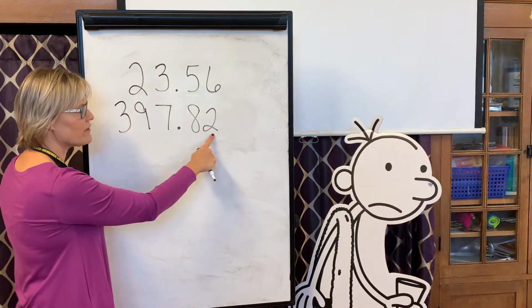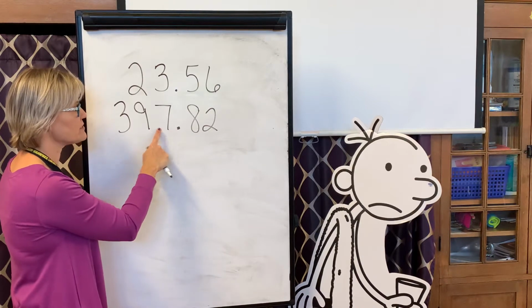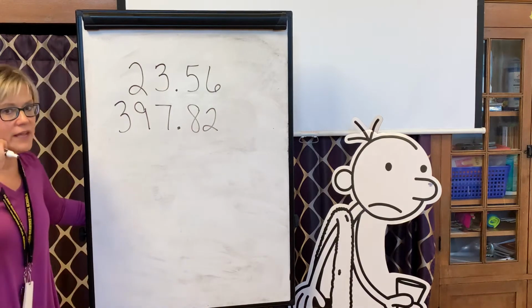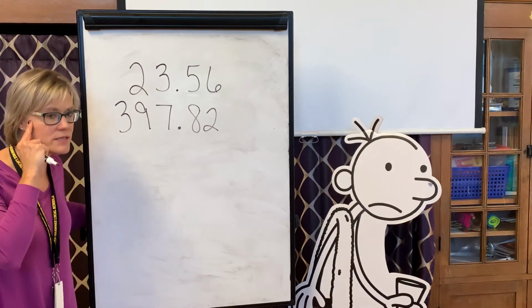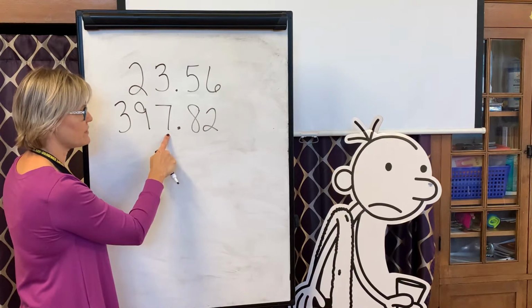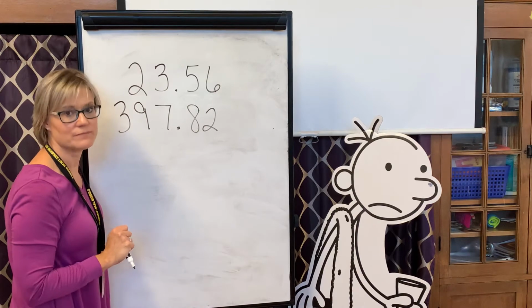So now we have hundredths, tenths, ones, tens, hundreds. So now that I have that in my mind, so I know the places, now I can read the number. 397 and 82 hundredths. Okay?